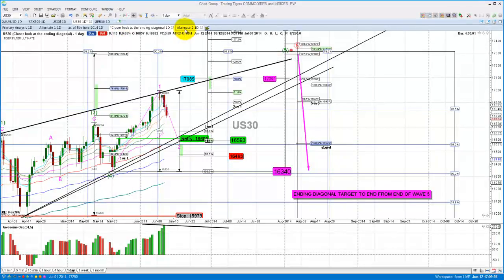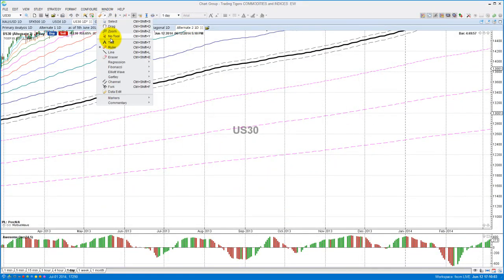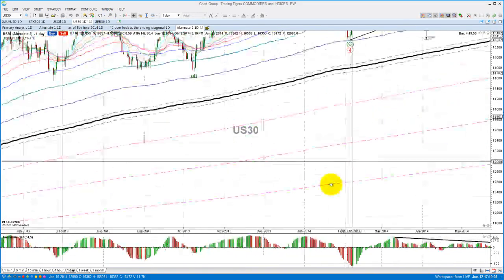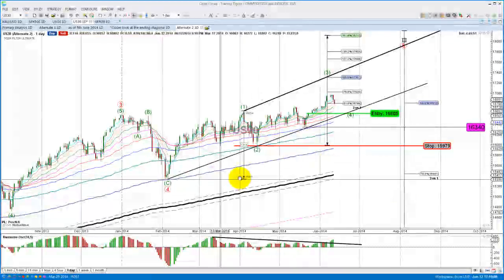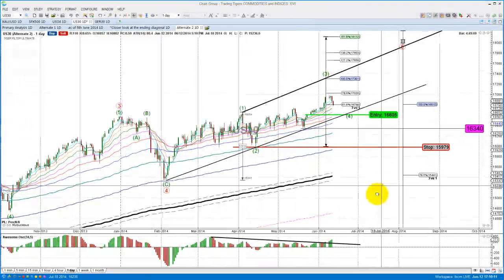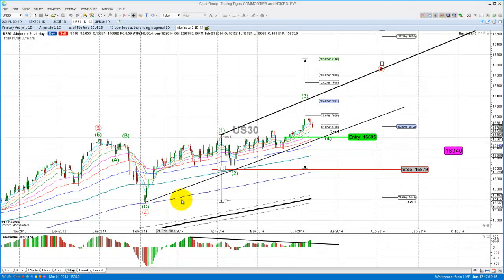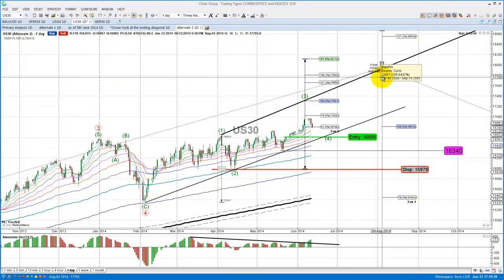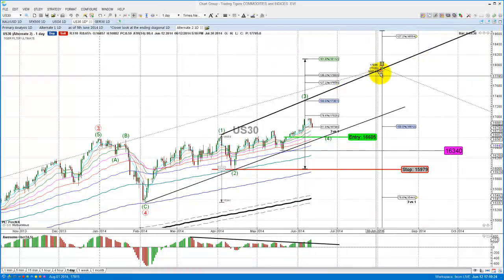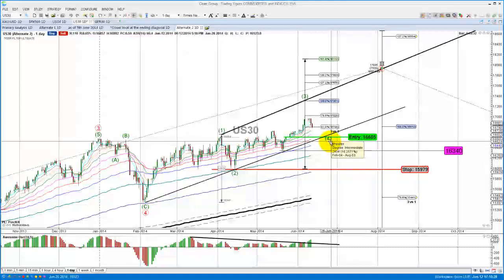Let's move now to the alternative count, just in case you don't want to be playing an ending diagonal. You just want to be thinking that it could be something more simple and not so aggressive. So you can see we're in a wave 3 of a cycle degree, breaking that down. Wave 5 once again of a primary degree, breaking that down.